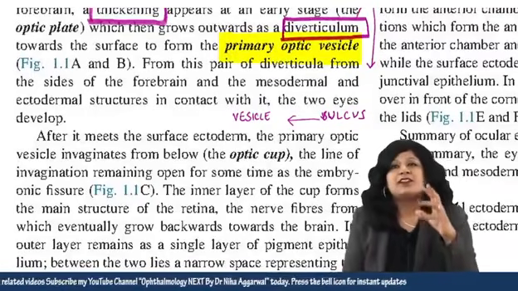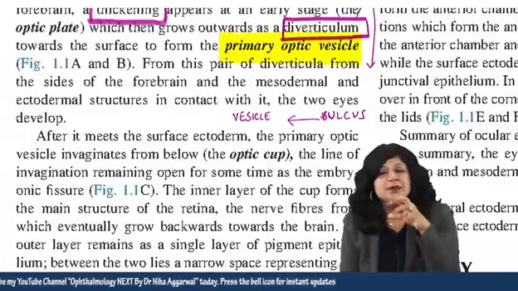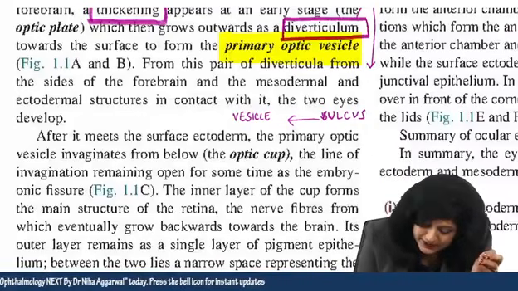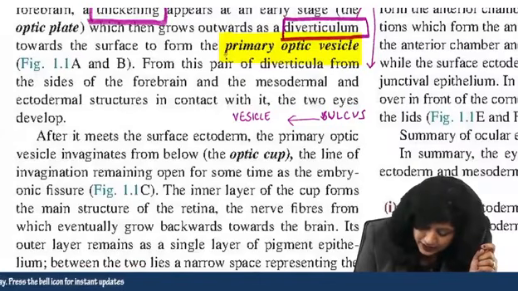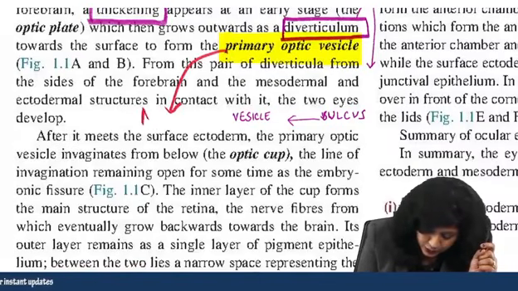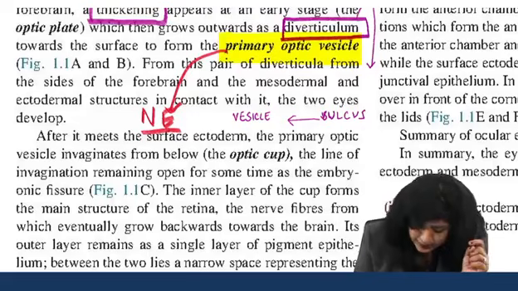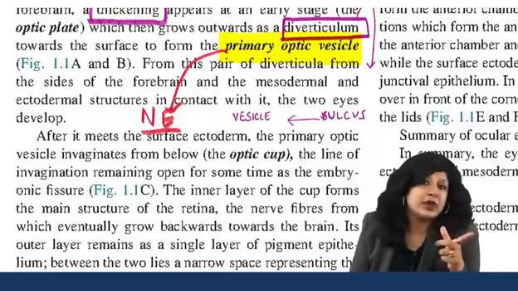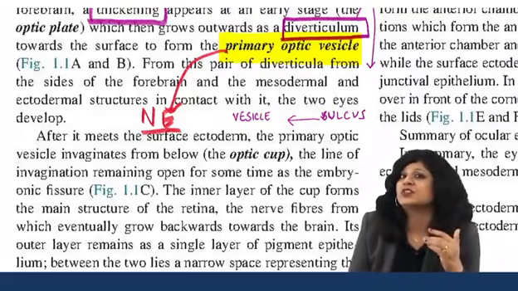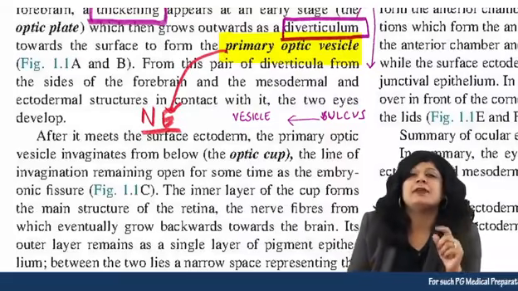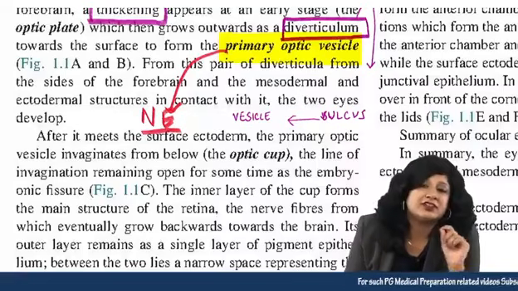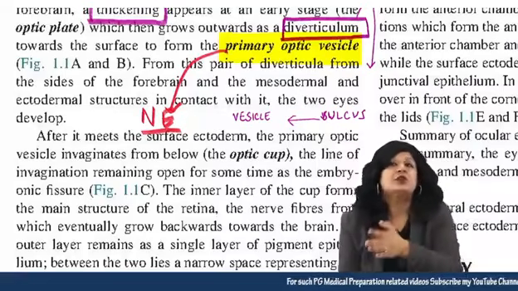And the optic vesicle is the structure which is actually representing the neuroectoderm. Now this is again important, that this is representing the neuroectoderm. So whatever structures develop from this optic vesicle will be representing the structural derivatives of neuroectoderm.